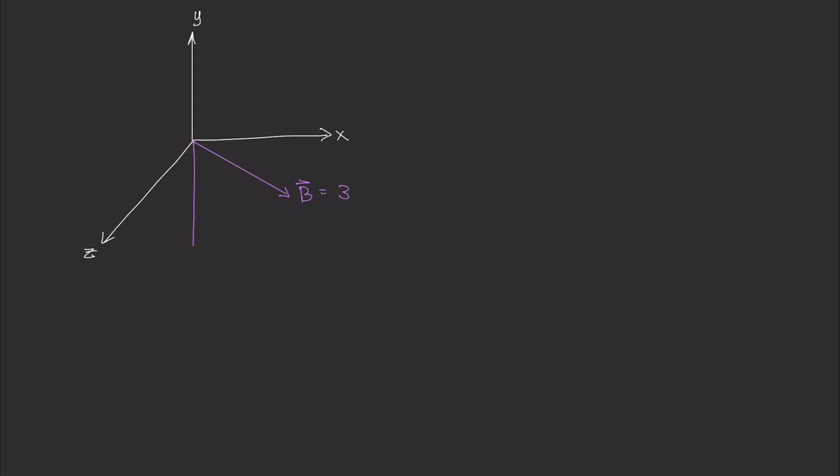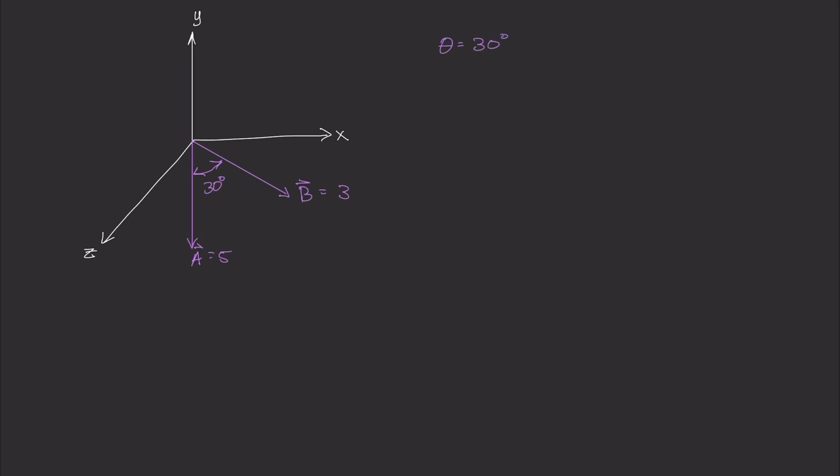And there's another vector here, which I will call A, and that has a magnitude of 5. And both A and B are coplanar forces within the XZ plane. So we're talking about this plane right here. Now, a few more givens. This angle between them is 30 degrees. So we can say that theta is equal to 30 degrees.